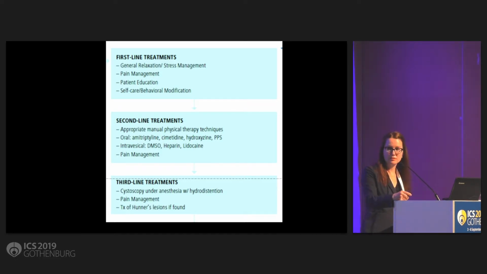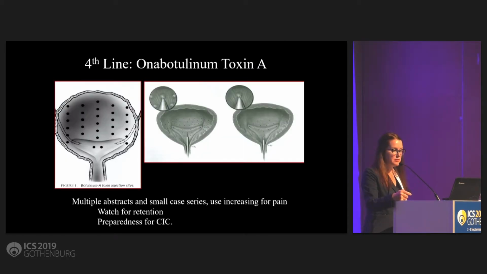I'm going to approach the symptoms with the same interventions. Fourth-line treatment for IC includes Botox. It's very important in these patients, especially if urethral pain is a component, that urinary retention is carefully advised and that the patient is able to perform and tolerate self-catheterization if necessary.